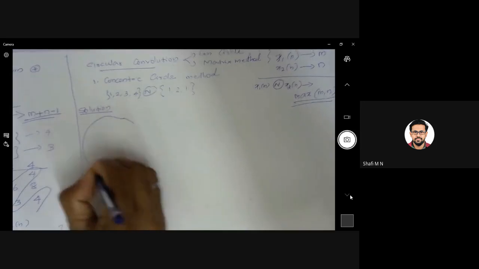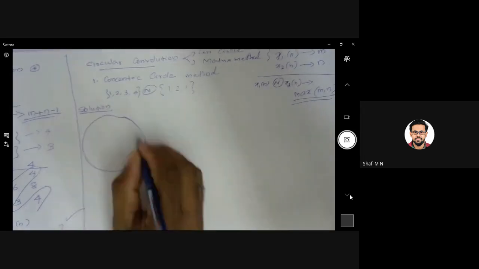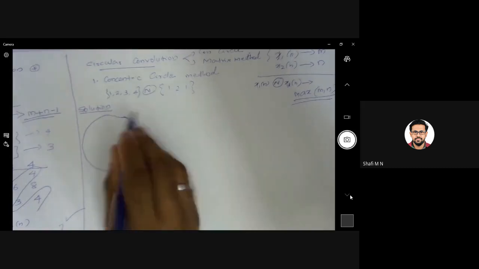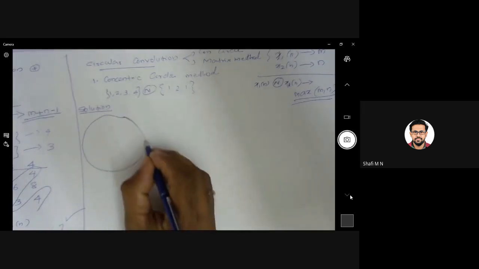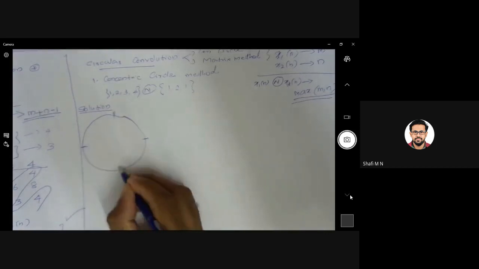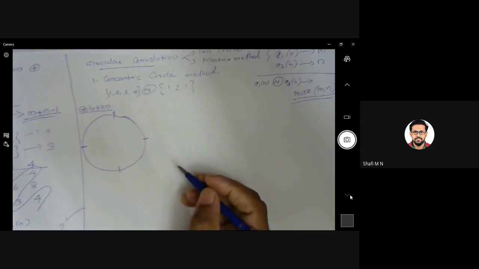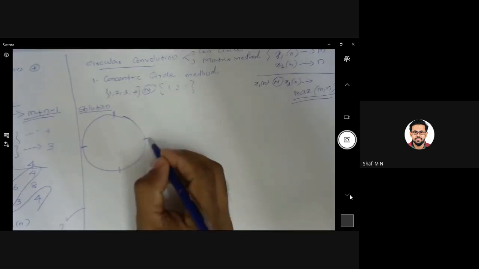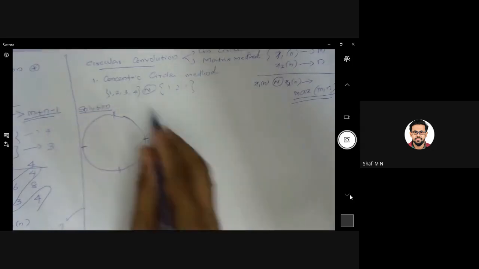Let me draw the outer circle first. You have to represent one sequence, first or second, whatever it is. Let me take the first one and represent it in the outer circle. You have 4 points, so I'm going to divide it into 4. You can start with any point, but you should represent it in counterclockwise direction.